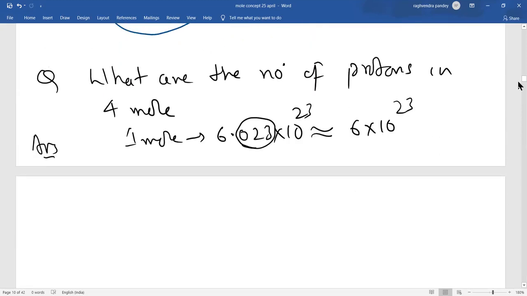So 1 mole is this, for 4 moles just multiply 4 into 6, so that will be 24 into 10 to the power 23. 4 moles is 4 times the 1 mole. That's it. Just give the answer.